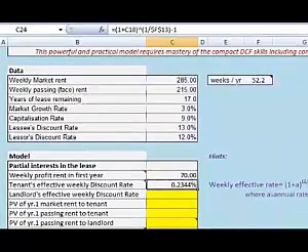The next two cells, C24 and C25, are merely the computation of the effective weekly discount rates. What this is going to do is take the annual discount rates, which are found in cells C18 and C19, and convert them from an annual figure to their effective weekly amount. Now, this is not merely the division by 52 or 52.2 to be more precise.